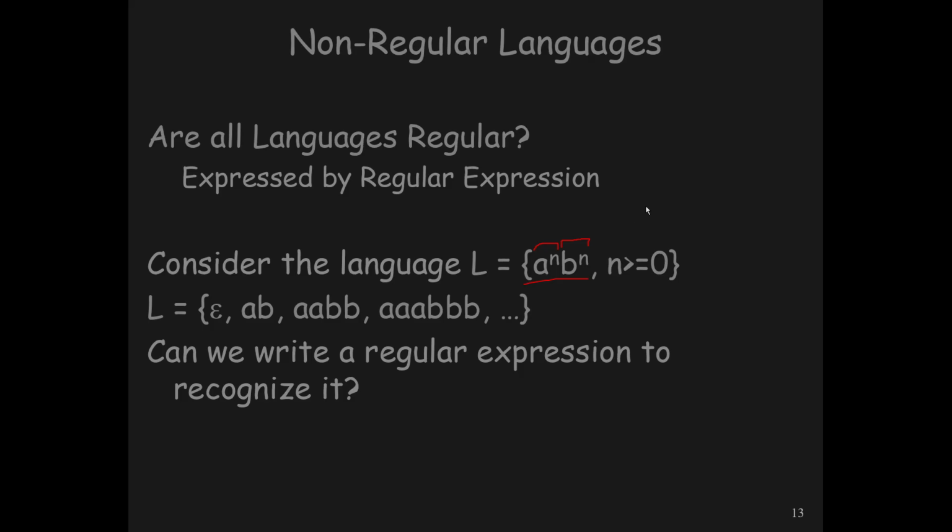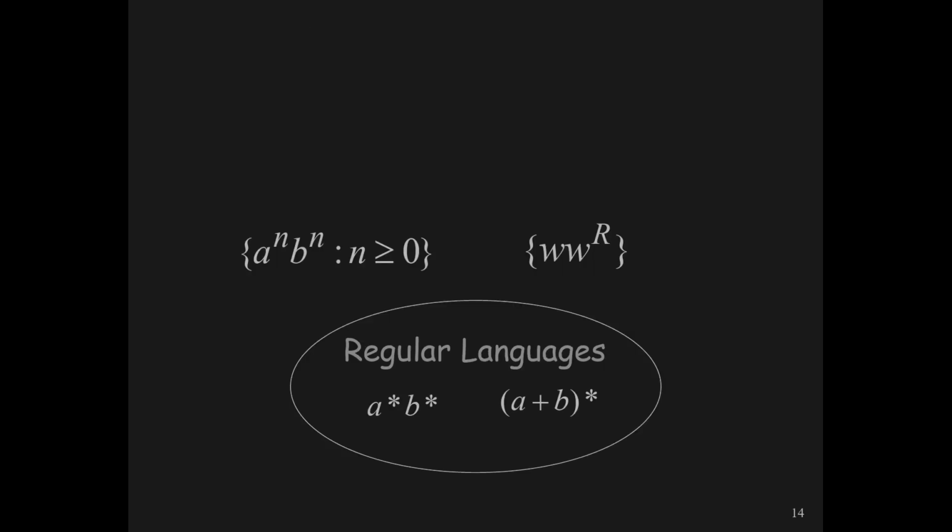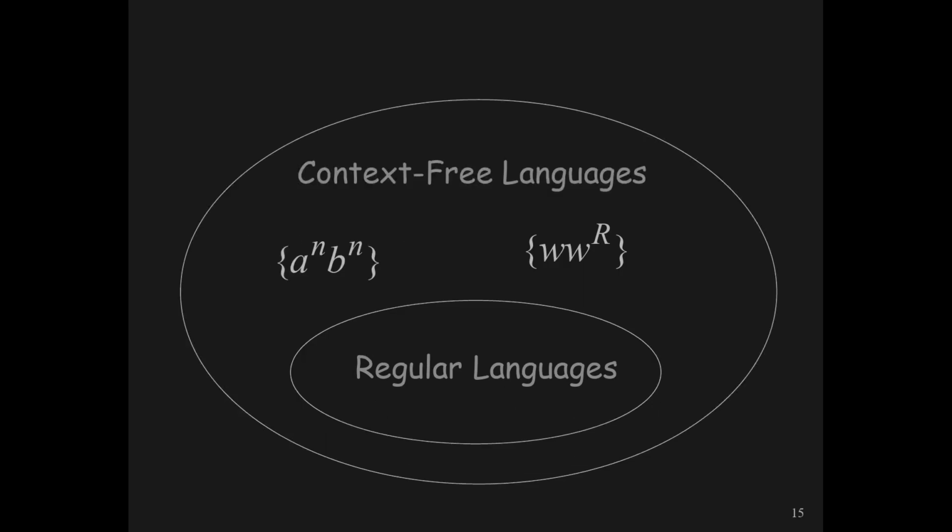So that means the empty string, AB, AABB, AAABBB, and so on. Okay? So that's an example of a language that is not regular, and it necessitates the use of tools that are more general than regular expressions and so on. And those are what we'll cover for this lecture, okay?